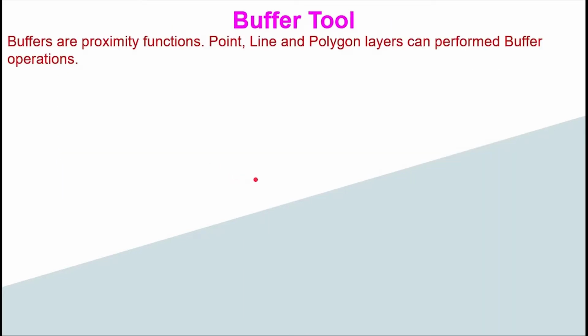What is buffer? Buffer is a proximity function. It calculates relations around some features. We can perform buffer operations on point, line or polygon layers.